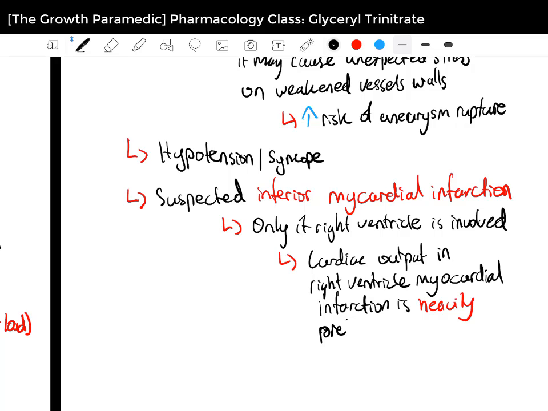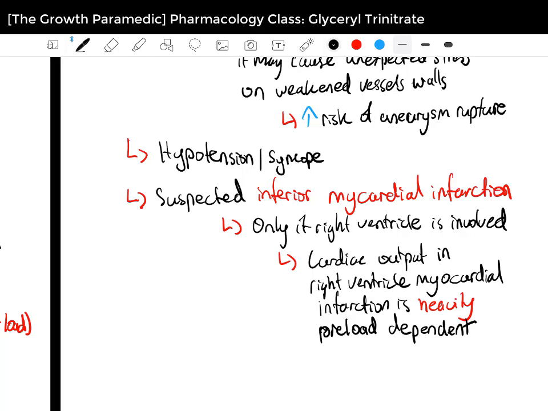So as you know about the effects of the afterload, if you reduce the afterload, it affects the preload. So you've got to be mindful of that, especially if there are signs of right ventricle involvement in an inferior myocardial infarction, and that's more of an advanced level, and I won't go through identifying that.